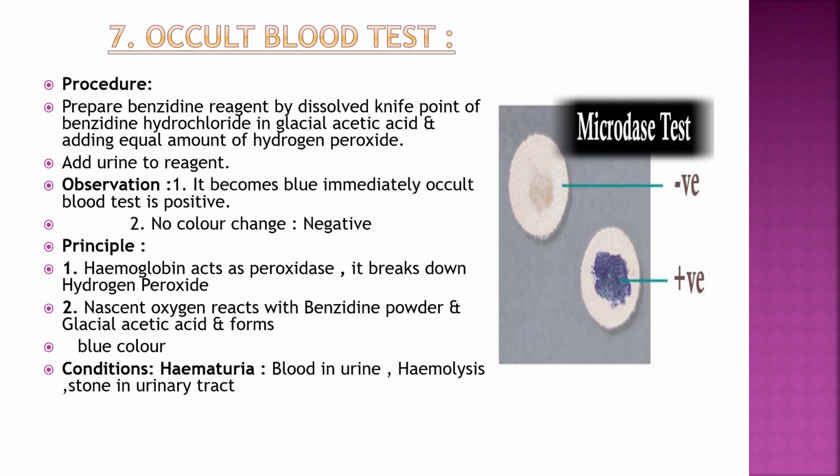So the principle is that hemoglobin acts as a peroxidase. It breaks down hydrogen peroxide into H2O plus O, that is nascent oxygen, and that nascent oxygen combines with benzidine powder and glacial acetic acid and forms blue color. So conditions seen in hematuria, that is blood present in urine, are mainly hemolysis or bleeding in the urinary tract.